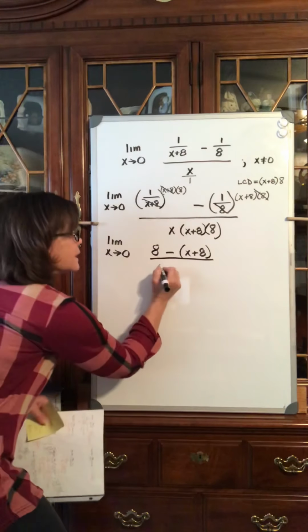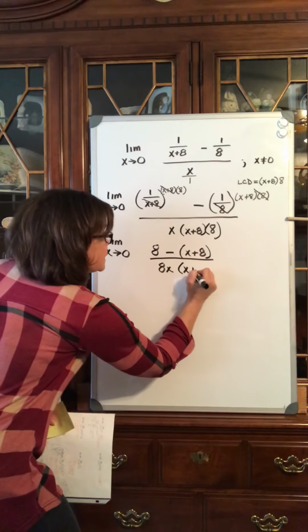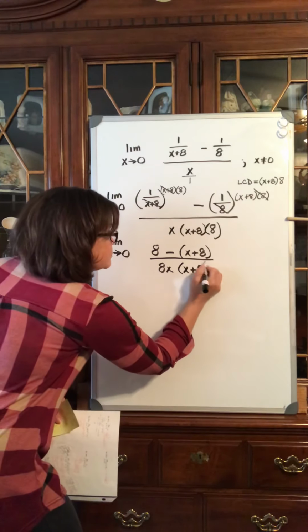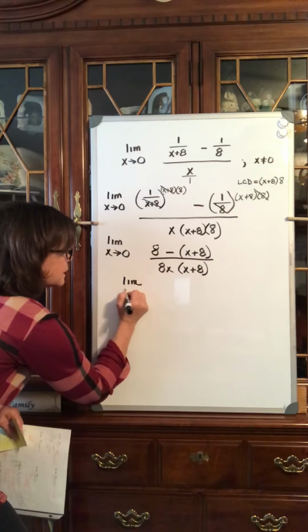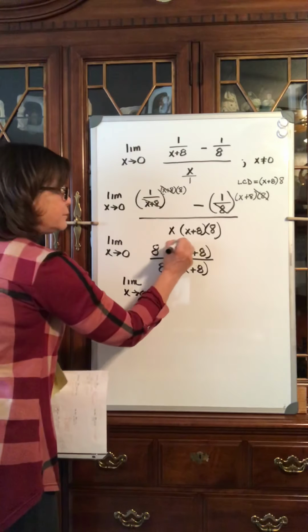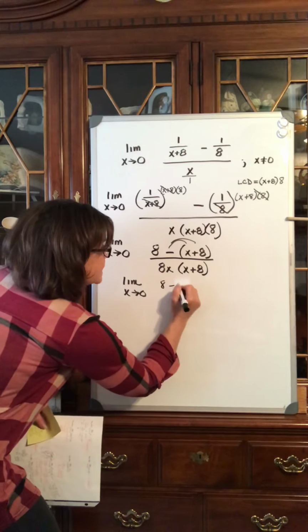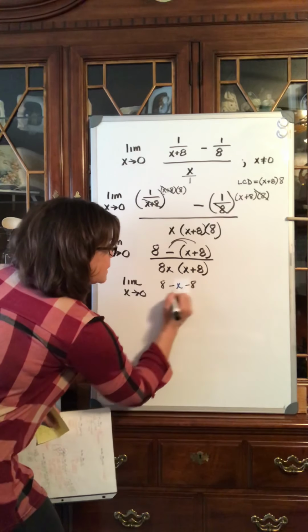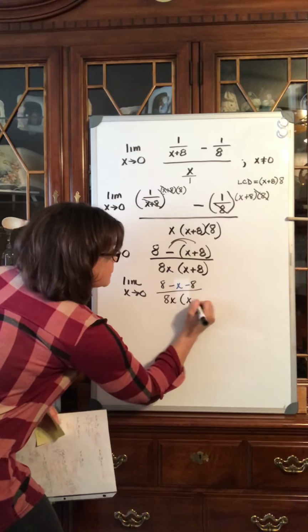I'm going to leave it as 8 times x plus 8. We're going to evaluate the limit as x is approaching 0. Distribute this negative. So you're going to be left with 8 minus x minus 8 over 8x times x plus 8.